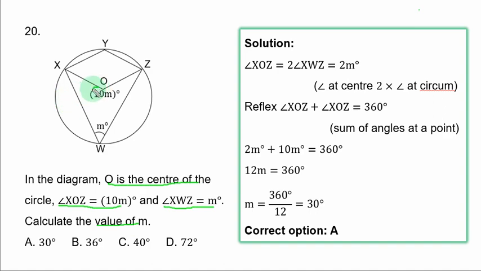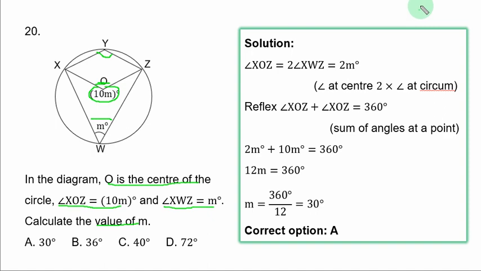We can use angle 10m degrees to get this angle. Add to this angle, the sum is 180. Or we can use angles at a point. That means this place is obtuse. SOZ is obtuse and is equal to twice this angle at circumference. So any of these two options will give us the result.